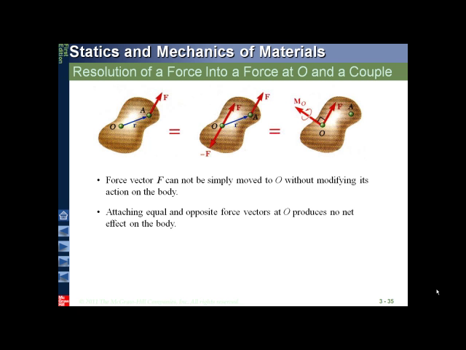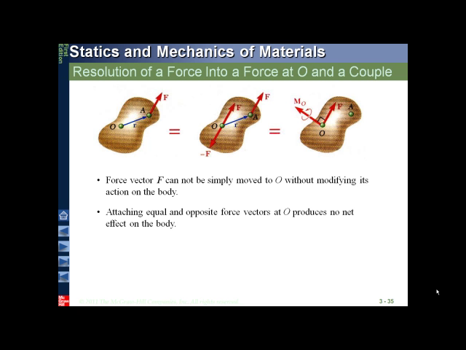We create a sort of fictitious couple by putting two forces, an F force and a negative F force, at point O. When you do that, translationally, you're not doing anything to this body. If this body's out in space and being pulled on by force F, adding another F and a negative F at point O does nothing. There's no net effect.